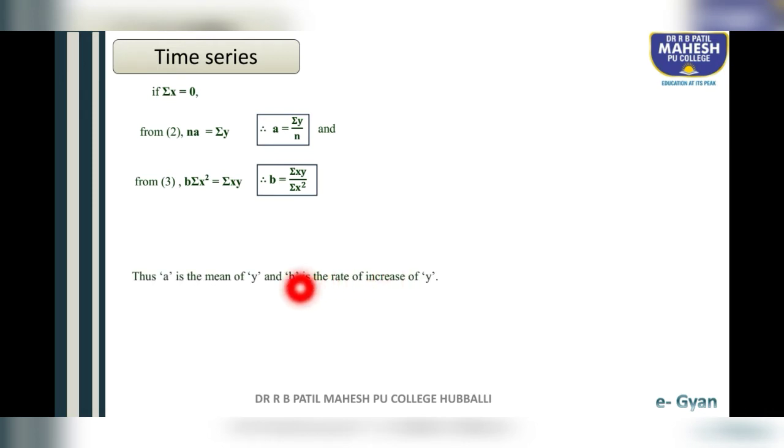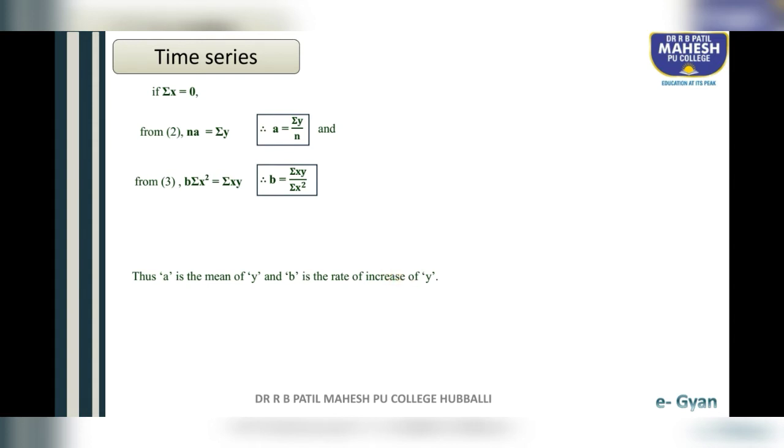Okay, students, thus a is the mean of y and b is the rate of increase of y.